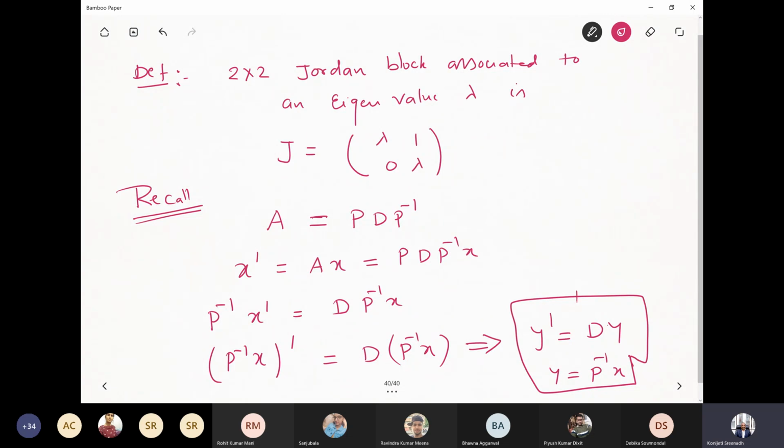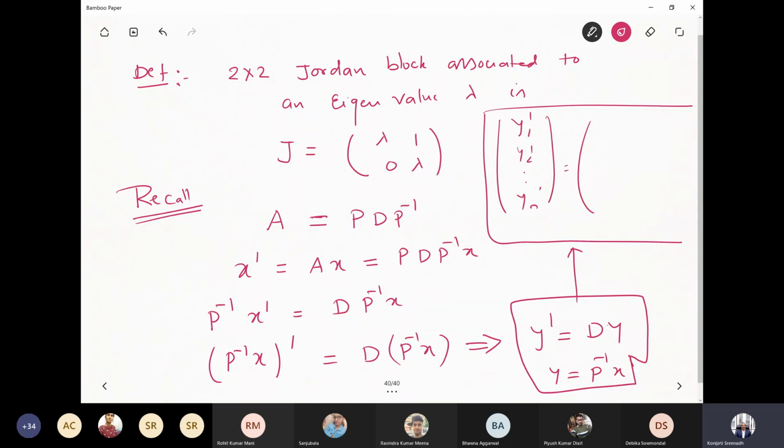If you see y prime equals Dy, how does this look as a system? It looks like y1 prime, y2 prime, and you have a diagonal matrix, lambda 1, 0, 0, lambda 2, times y1, y2. So what are the equations here? The first equation is y1 prime equals lambda 1 y1, y2 prime equals lambda 2 y2. That means each one is an exponential function.